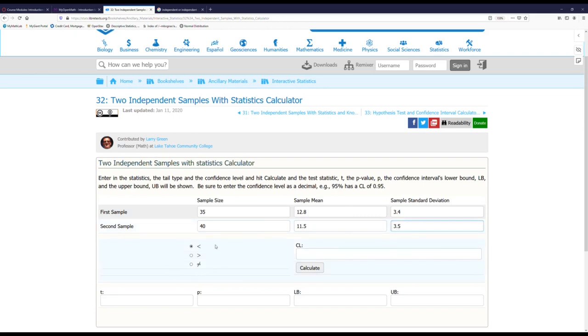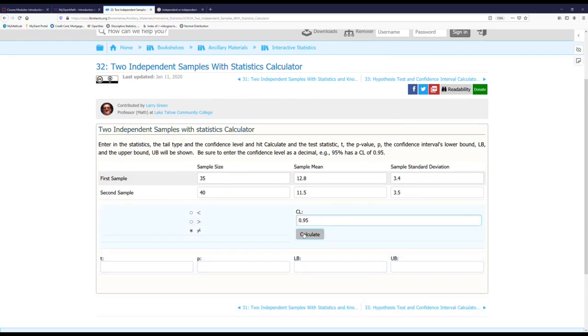And now you want to select the correct alternative hypothesis. In our case, it's not equals for HA. And I'm going to also at the same time do a level of confidence, since that's going to be the second part of this question. So let's do a 95% level of confidence as well.